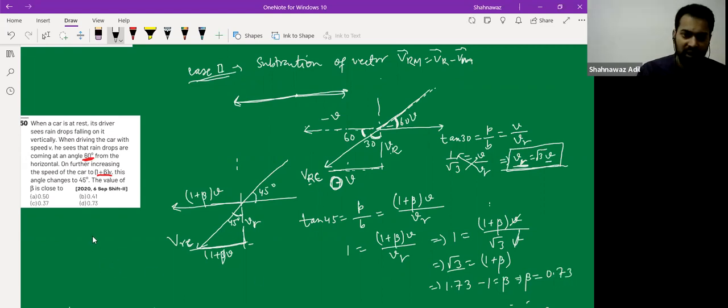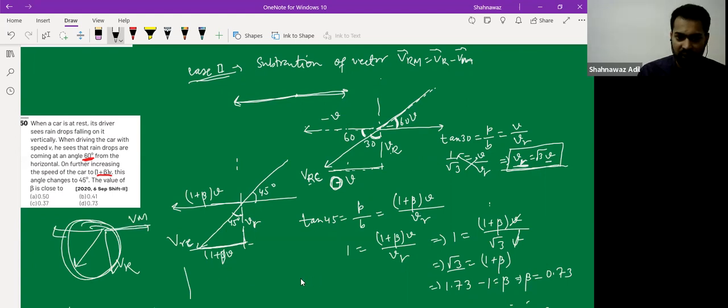Whenever you get a rain problem, let's say the rain is pouring like this and the velocity of the man or any object is like this, then you calculate with this resultant. Or if it is going east, west, north, south, what resultant should you calculate? This one.